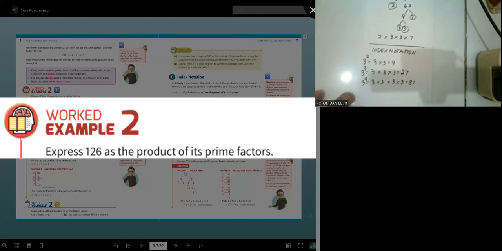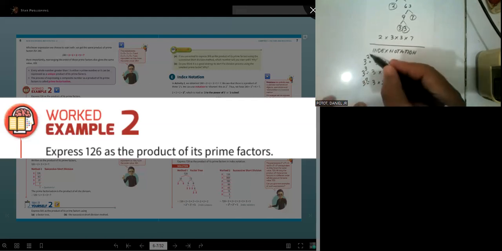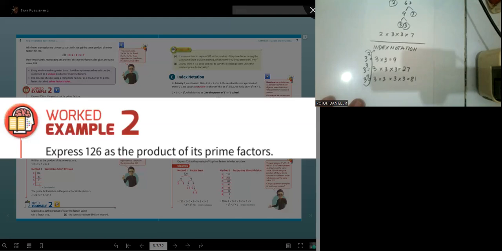So you just need to multiply the number according to the power. This is what we call index notation.